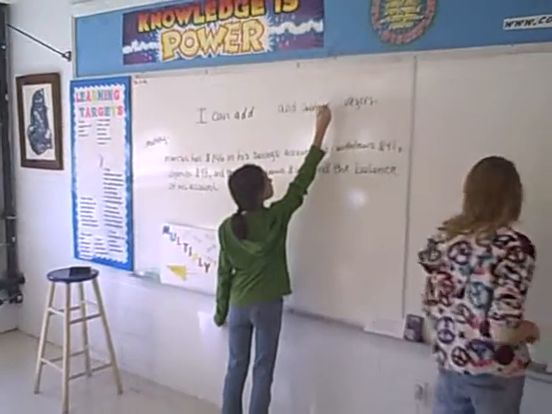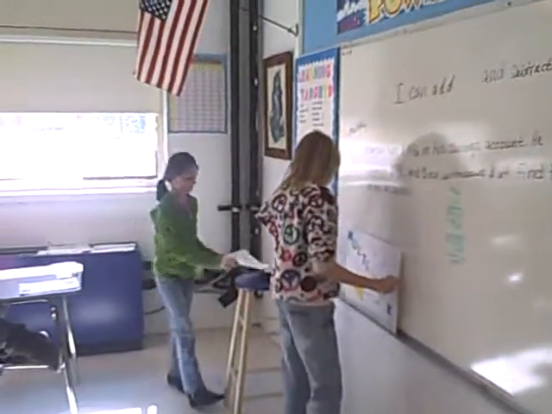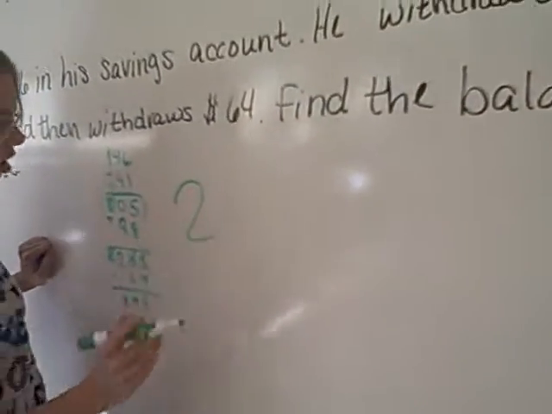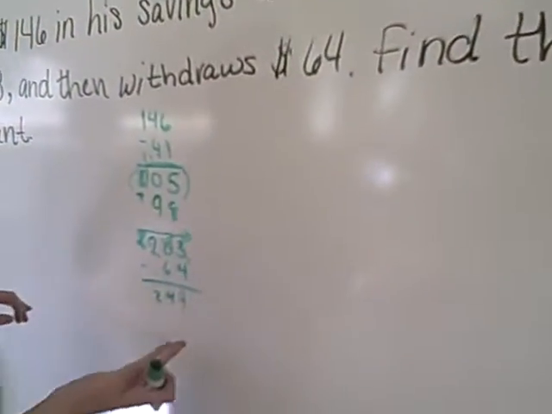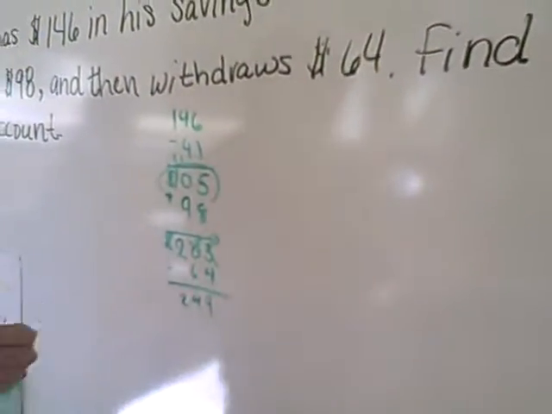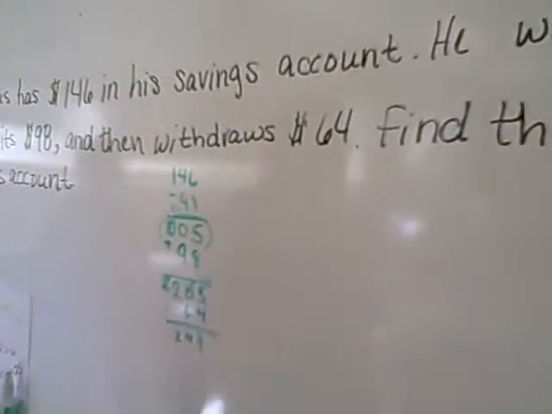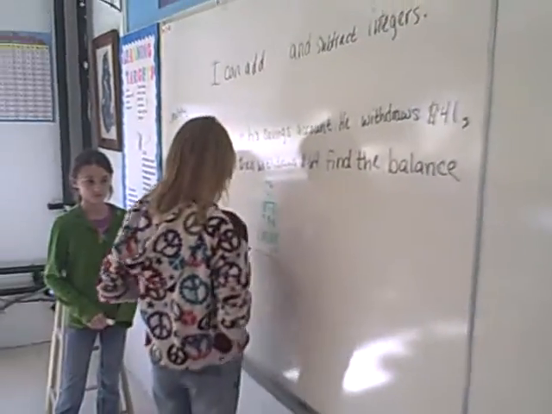Okay, so what was the final balance in your account in this problem? It was 249. Uh-oh. Did we add or subtract? Let's check. Did we add or subtract? Add. You added. You put down that you're subtracting, but you actually added. You should have less money now than more money.